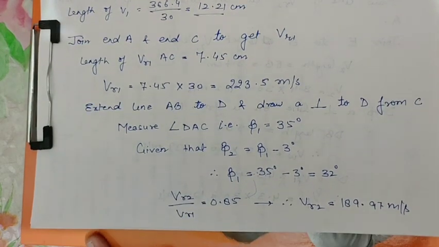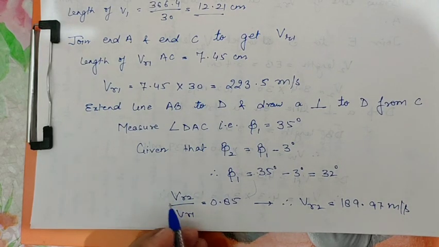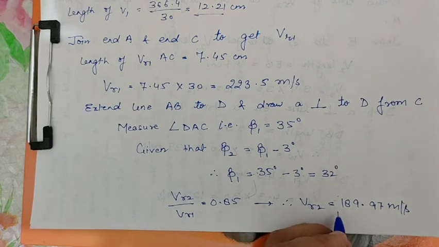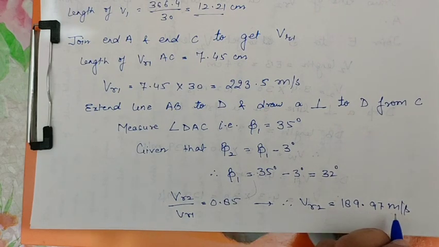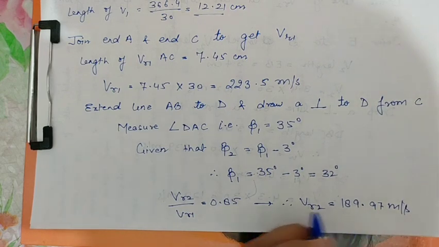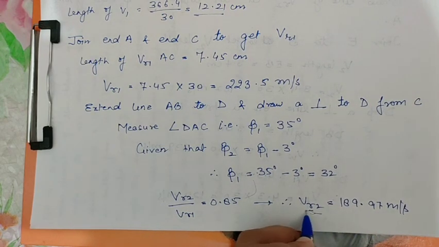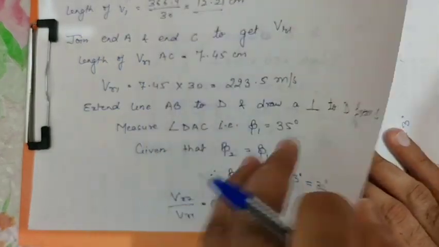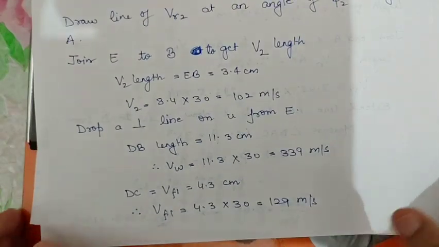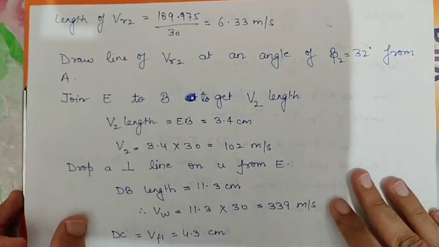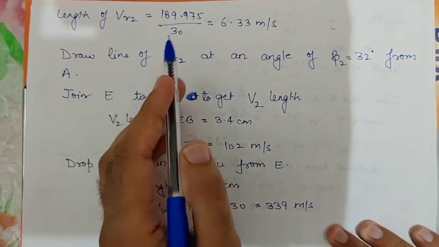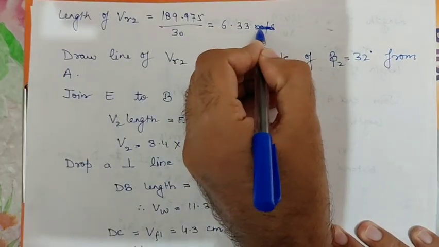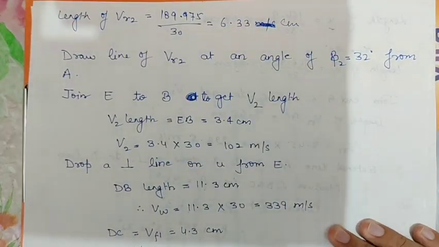And what is the value of VR2? We are given in the question that VR2 by VR1 is equal to 0.85. Therefore VR2 equals 189.97 meter per second. Now we have to find the length of VR2. The length of VR2 is determined by 189.97 divided by 30, that is 6.33 centimeter.